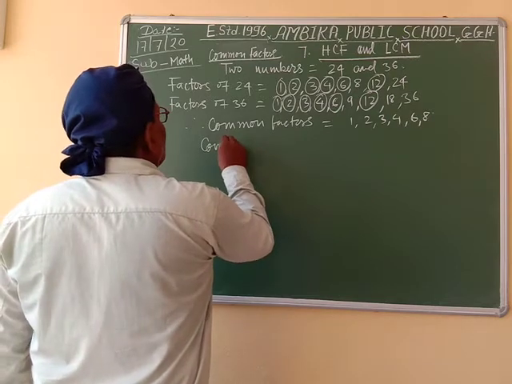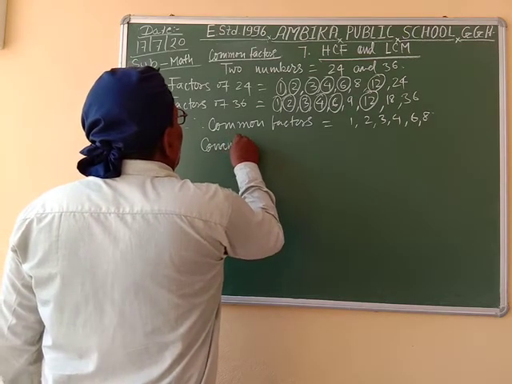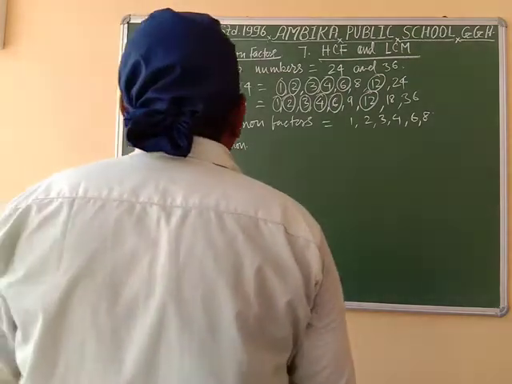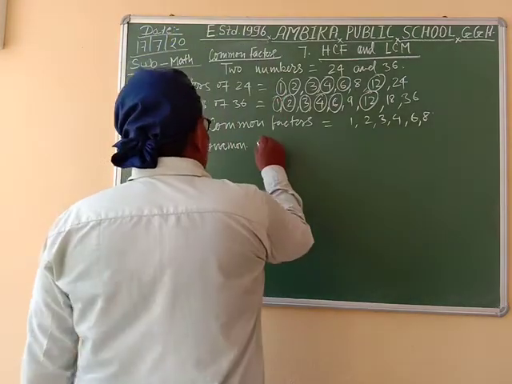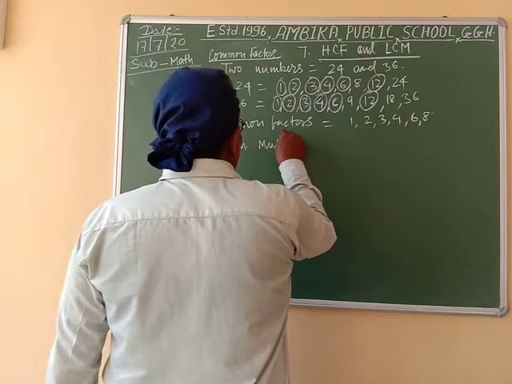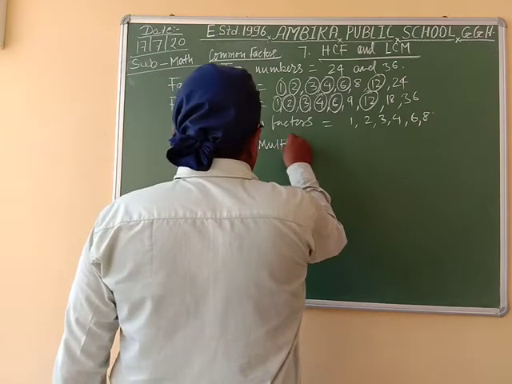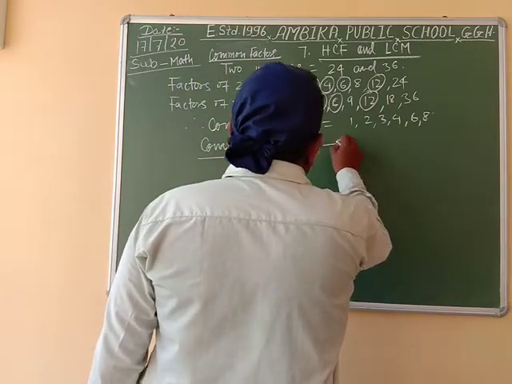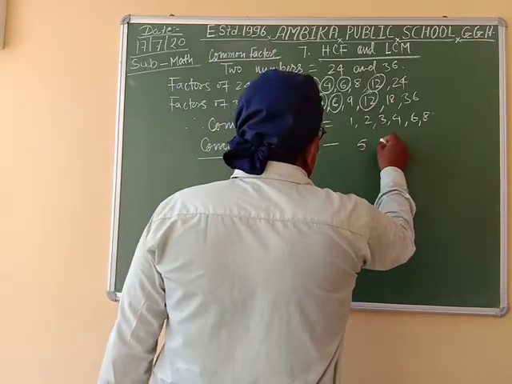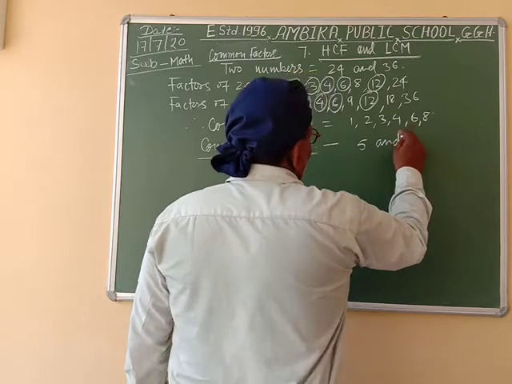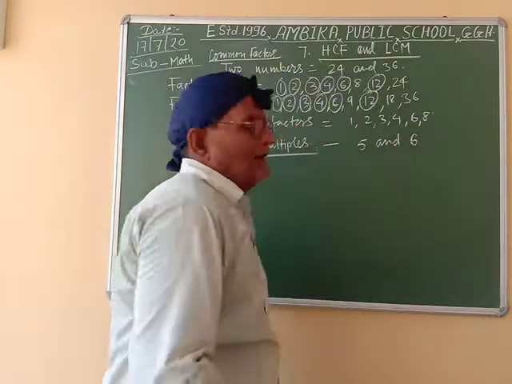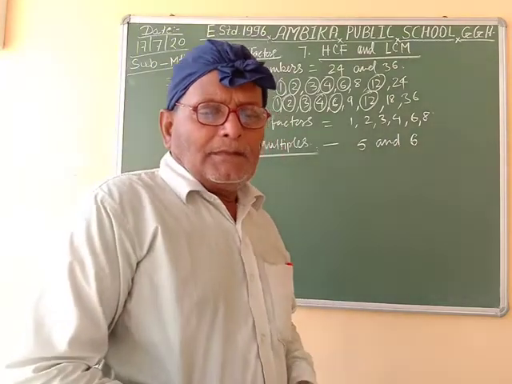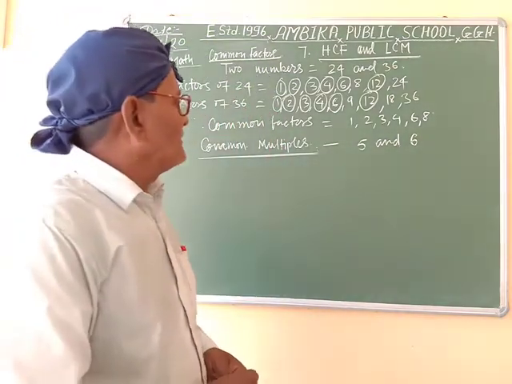If you know about common factors and common multiples, then you can find the HCF and LCM of any number. Let us take two numbers, 5 and 6.